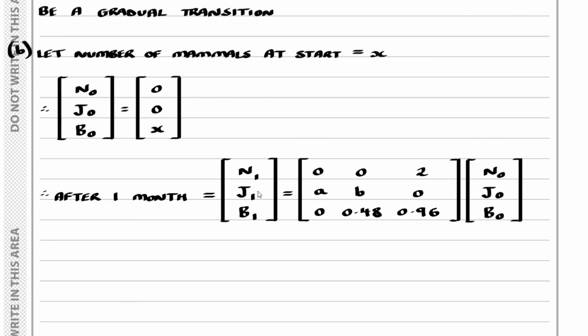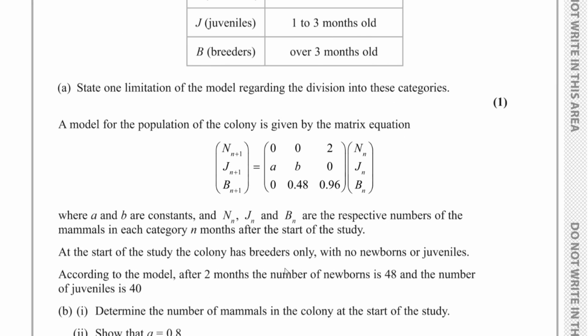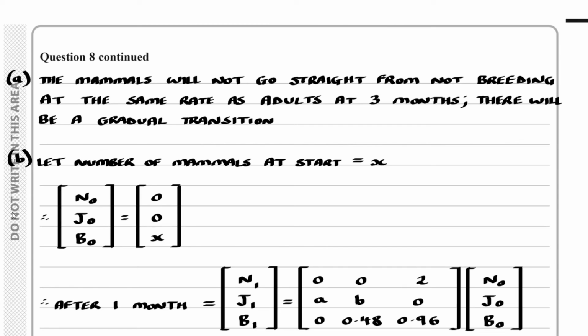I want to do that because ultimately I want to find out what we have after 2 months, since I've been given information about the number of newborns and juveniles.